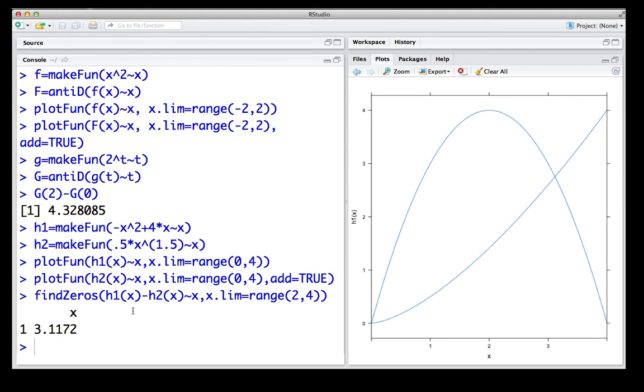We could similarly find zeros for the same function. This is going to seem a little silly. We'll find the zero down here at x equals 0.